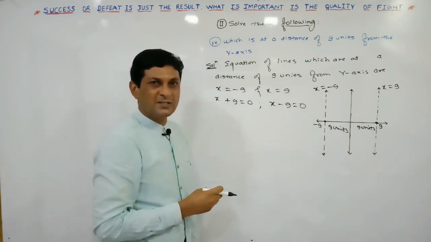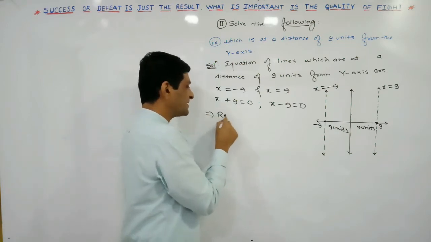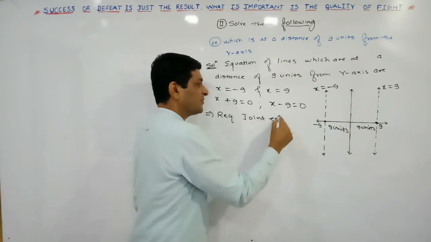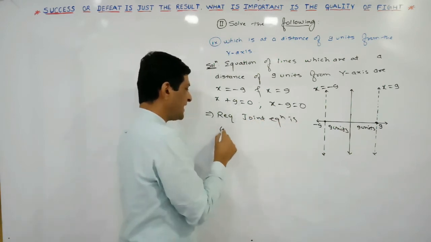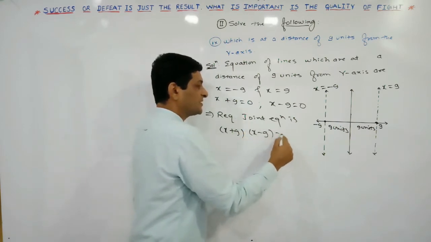Equation of both the lines are known to us. Now find out required joint equation. This implies that required joint equation is x plus 9 into x minus 9 is equal to 0.